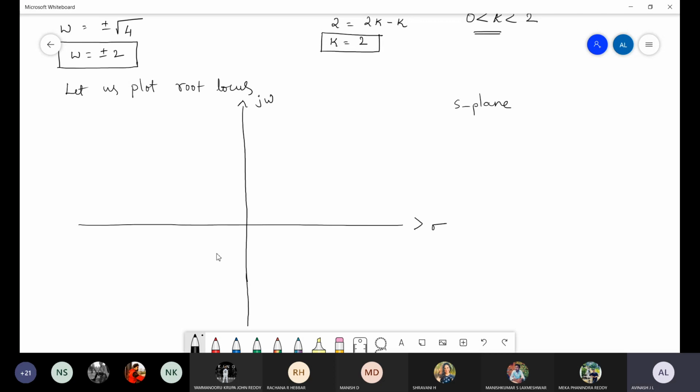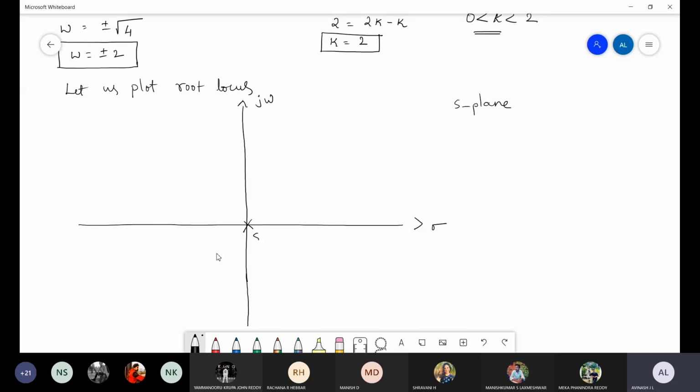Now what is the first step? The first step is we have to mark the poles. Where are the poles? Poles are at s equal to 0, s equal to -1 and s equal to -2.